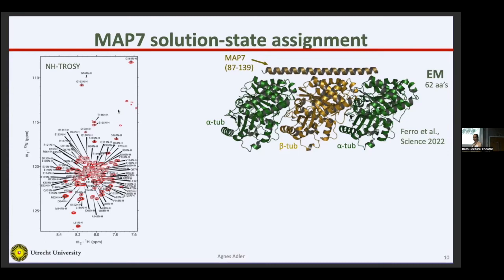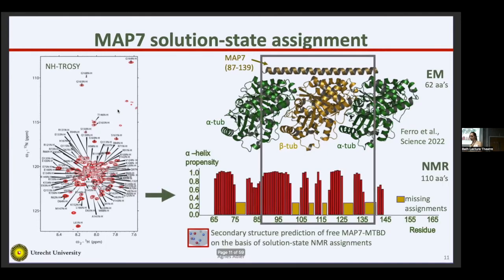So I assigned MAP7 via solution state with an array of 3Ds, which shows that the alpha helix that MAP7 has might be longer than what they actually recorded in their cryo-EM data. They also claim in their paper that most likely MAP7 is binding longer, but with cryo-EM you have the problem of pseudosymmetry in microtubules that makes it difficult to get electron density longer than a dimer.